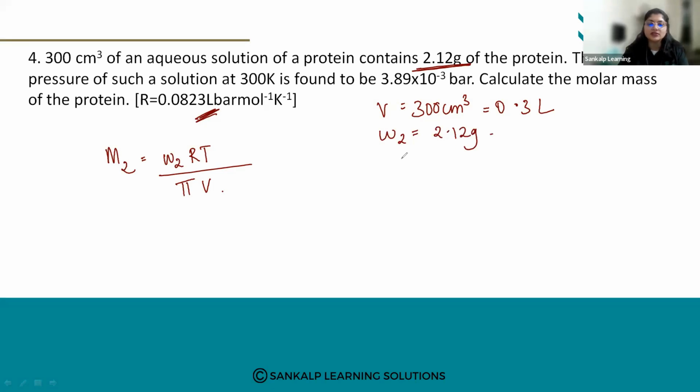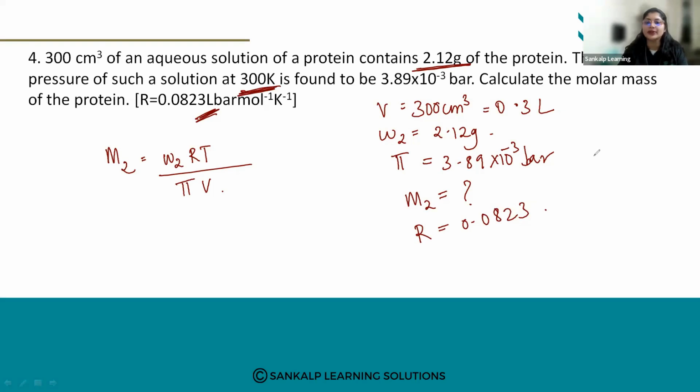The osmotic pressure pi is 3.89 into 10 raised to minus 3 bar. The molar mass of the protein is to be found. R is given as 0.0823, and the temperature is 300 Kelvin. Now, what all things are to be added here?